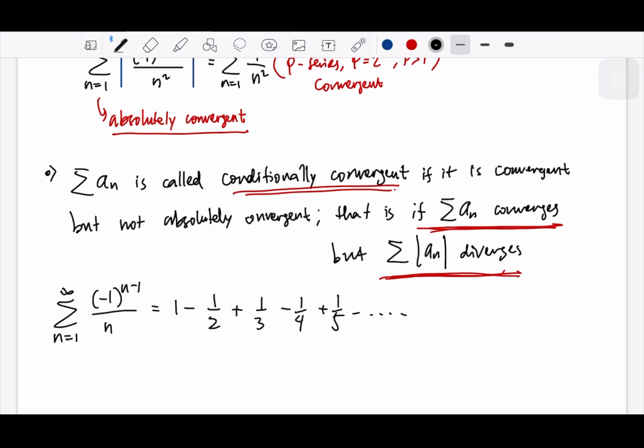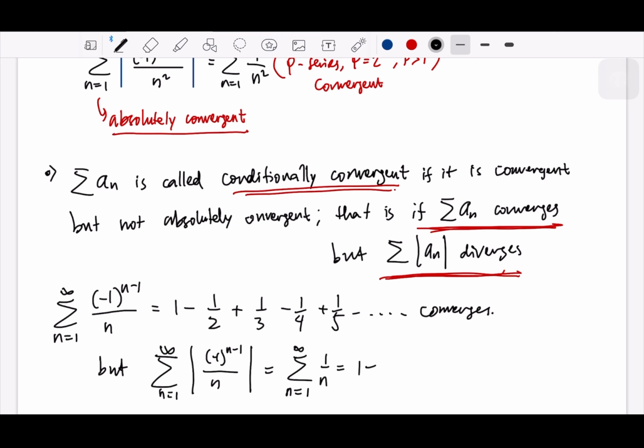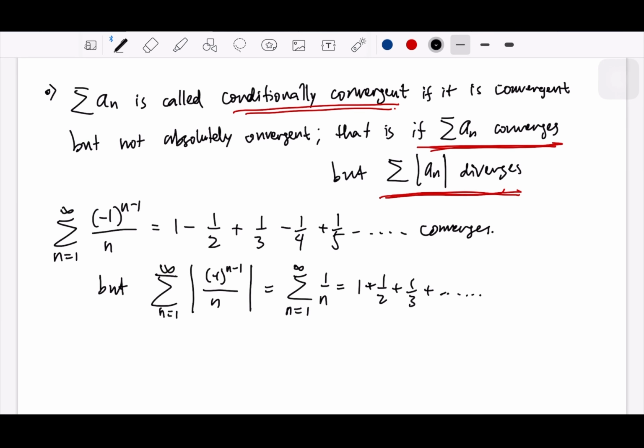So this converges. But if we check the absolute value, using the P series with P equal 1, this diverges.